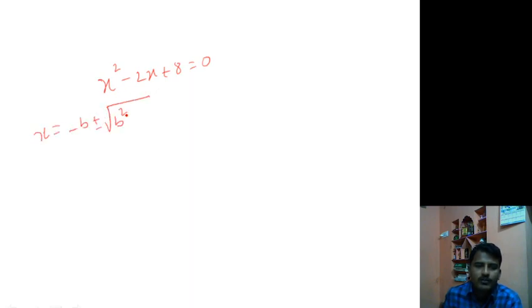X square minus 2x plus 8 equal to 0. Let's take the Sridharan formula. X is equal to minus b plus or minus square root of b square minus 4ac, whole divided by 2a. What is the value of a? A equal to 1, b equal to minus 2, c equal to 8. Substitute all the values.